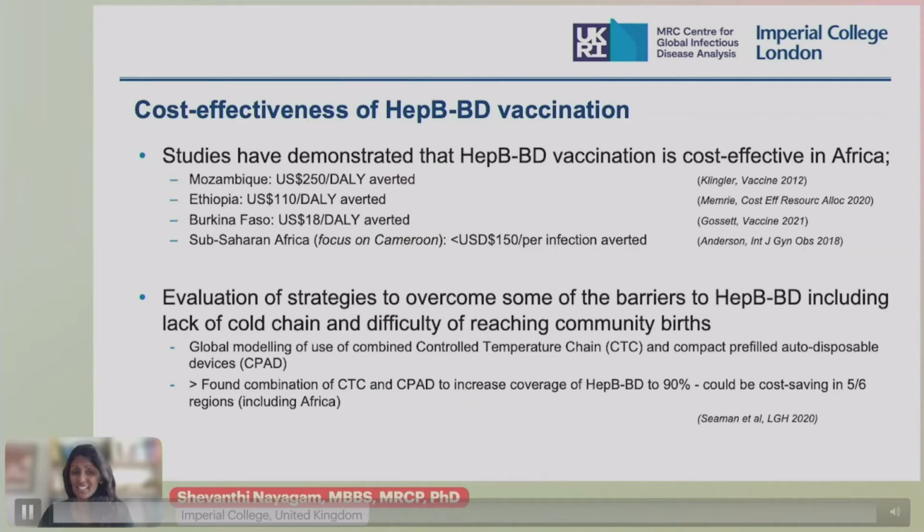Now, there are many studies that have demonstrated the cost effectiveness of hepatitis B birth dose vaccination, both globally and in the region.